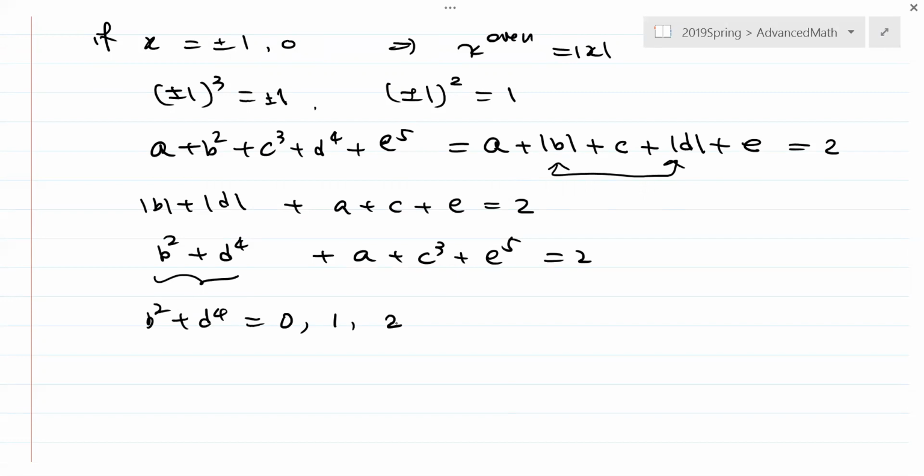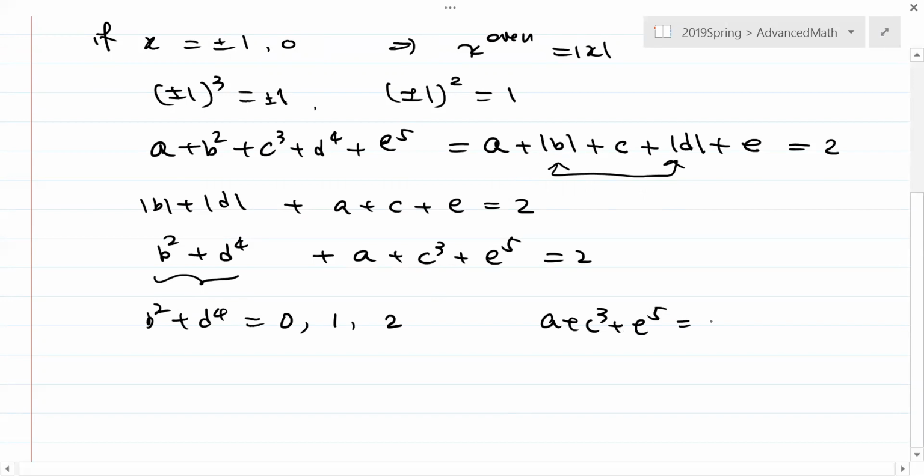But A plus C cubed plus E to the fifth could range from -3 to 3: -3, -2, -1, 0, 1, 2, 3, because A, C, E could all equal 1.